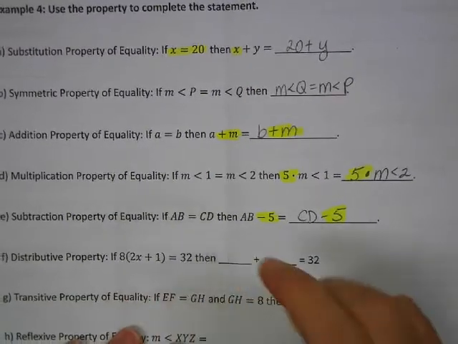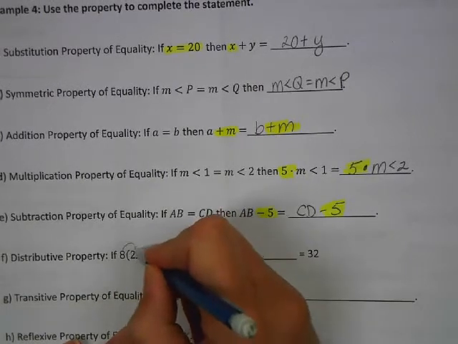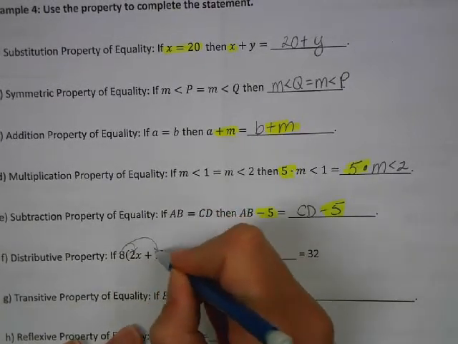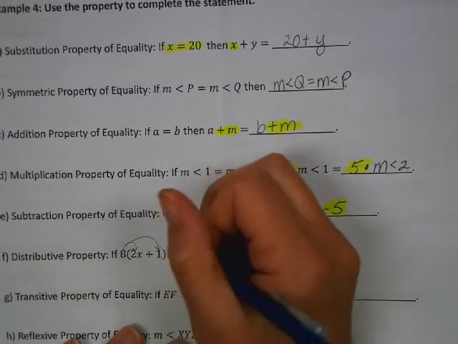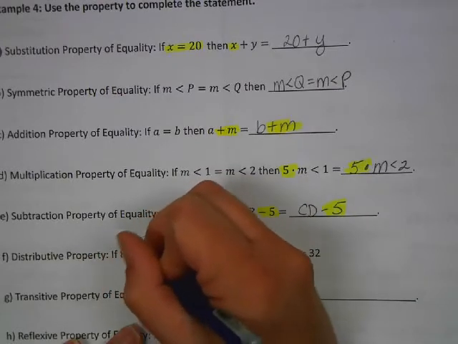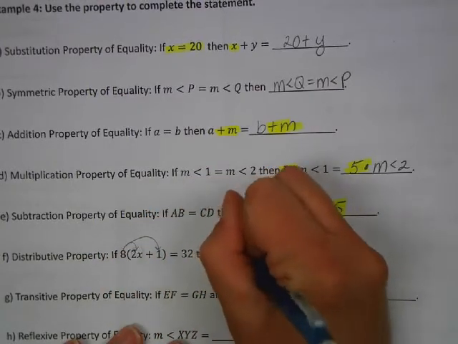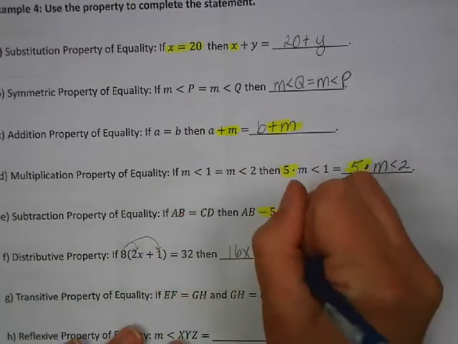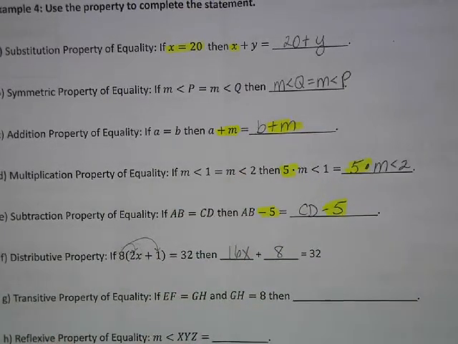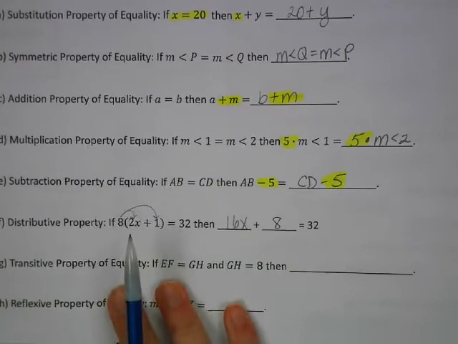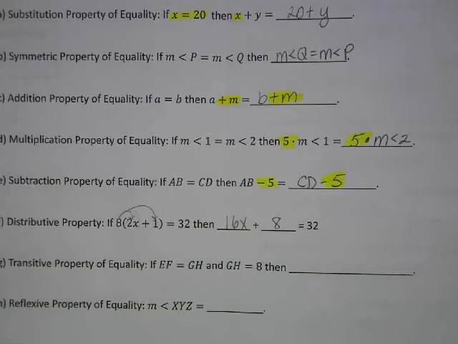The distributive property, you're going to distribute 8 to both terms. So if 8 times the quantity of 2x plus 1 equals 32, then distributing 8 times 2x is 16x, and 8 times 1 is 8. So 16x plus 8 has to equal 32. The transitive property of equality.